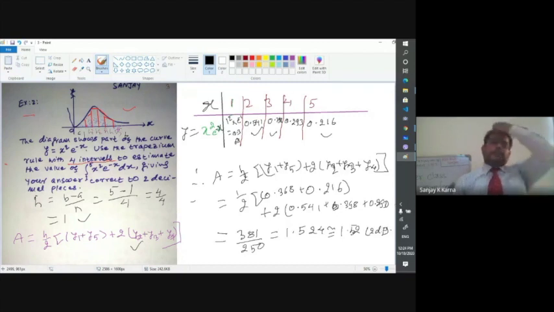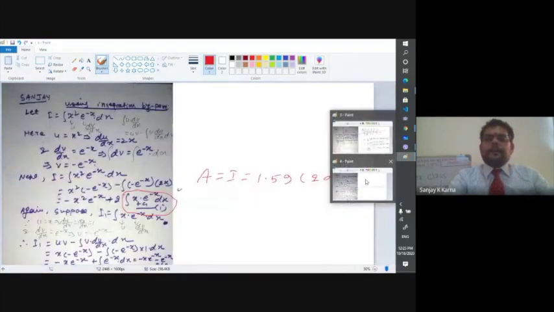So now let's see what is the difference between the values that we have got through the direct integration method and by using this trapezium rule in order to find the area under the curve between x equals 1 to 5. That value was 1.59 by using the direct integration method, you can see here.